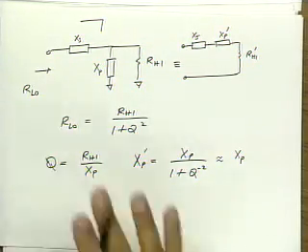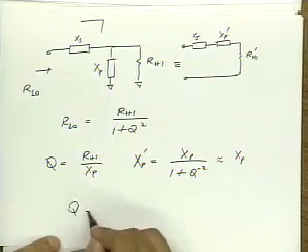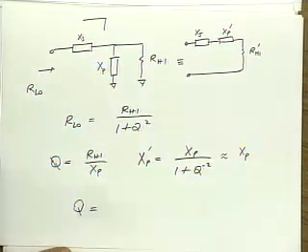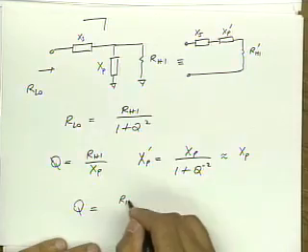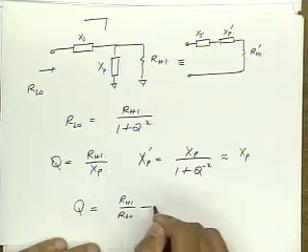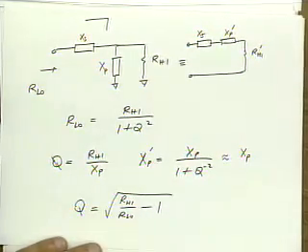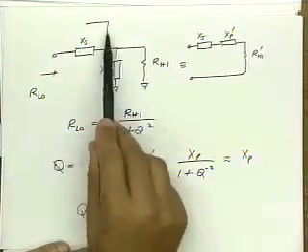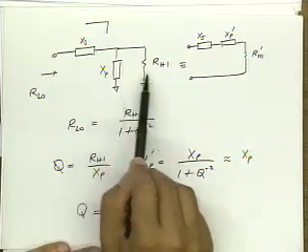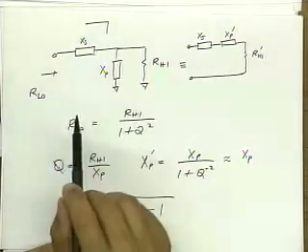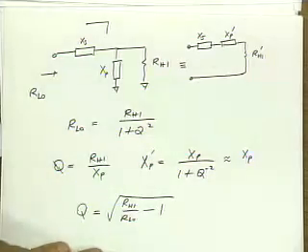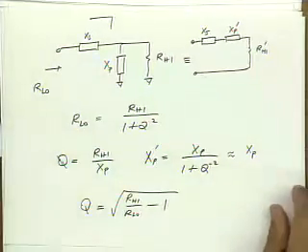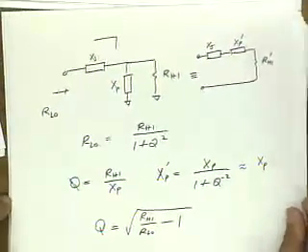So the only thing that changes in the design of high to low is basically, if you just remember this equation, it's always valid. And the easy way to remember it is if I put my L network with this shunt element in parallel, it reduces the impedance. If I put it in series, it brings it up. So you can remember which way to hook up your L matching networks.